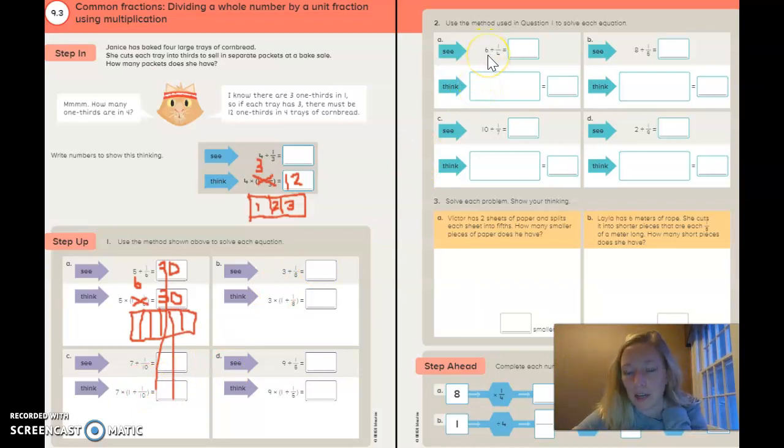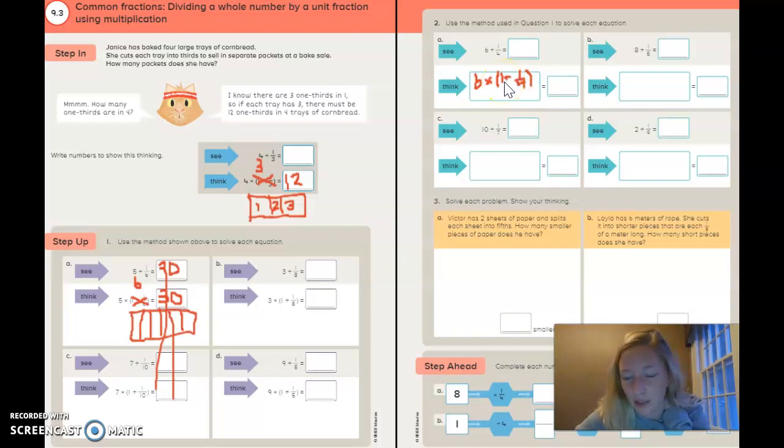So now it's very similar. They're showing you the problem as 6 divided by 1/4. How I want you to think about that is 6 times 1 divided by 1/4. Okay, so how many 1/4 are in 1?